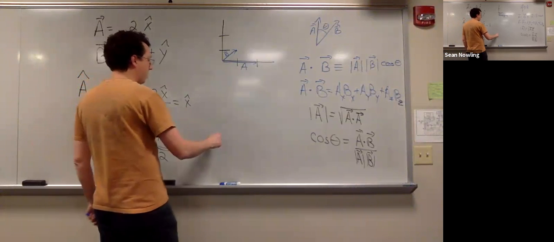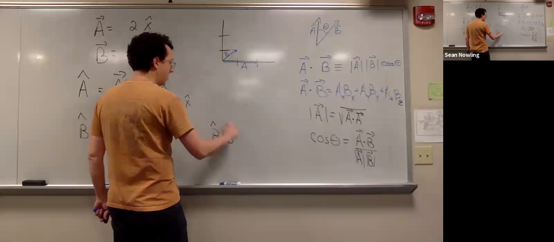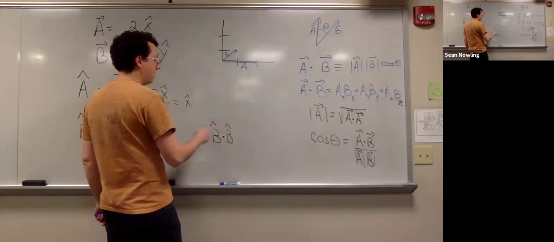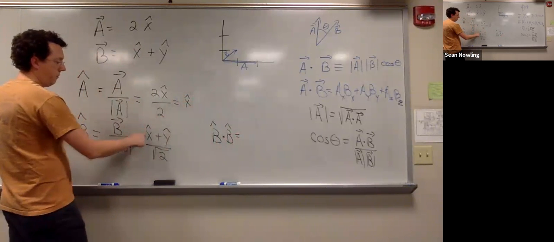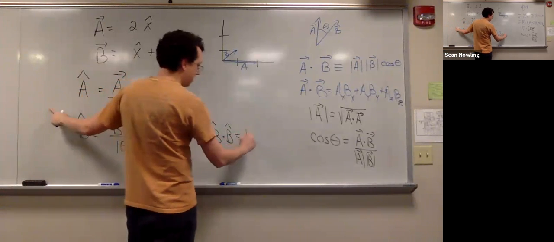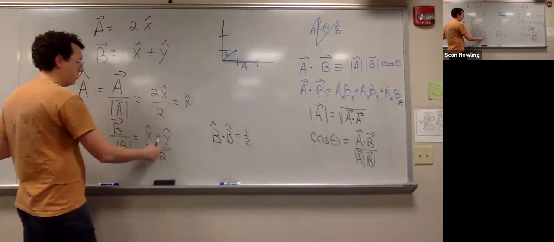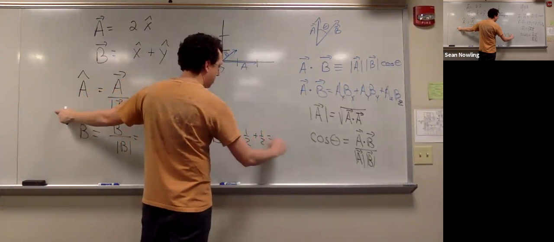Let's take the dot product between b hat with itself, because that should equal the magnitude of b hat squared. That's simply going to be the coefficient of x hat times itself plus the coefficient of y hat times itself, which equals 1.